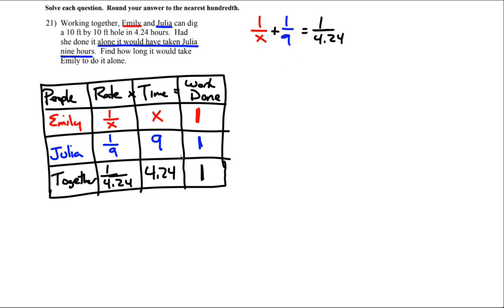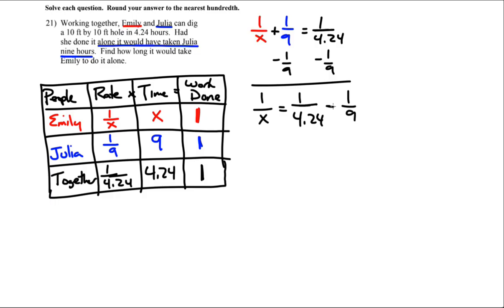Okay, so to solve this, the first thing I want to do is try to isolate my x. So if I subtract 1/9 from both sides, I would get 1 over x equals 1 over 4.24 minus 1/9. Now I want x alone.